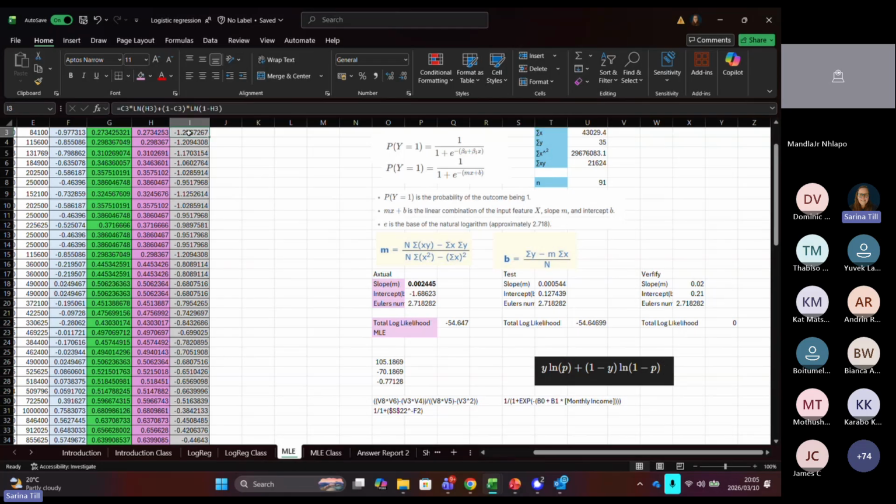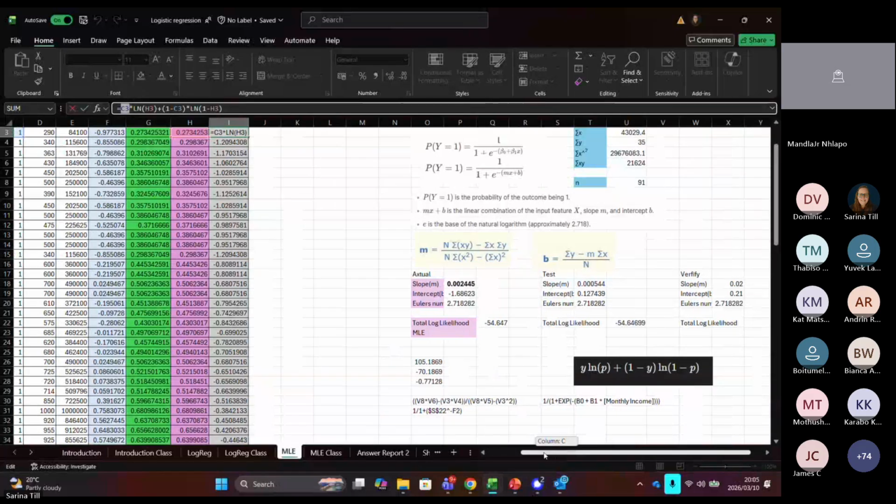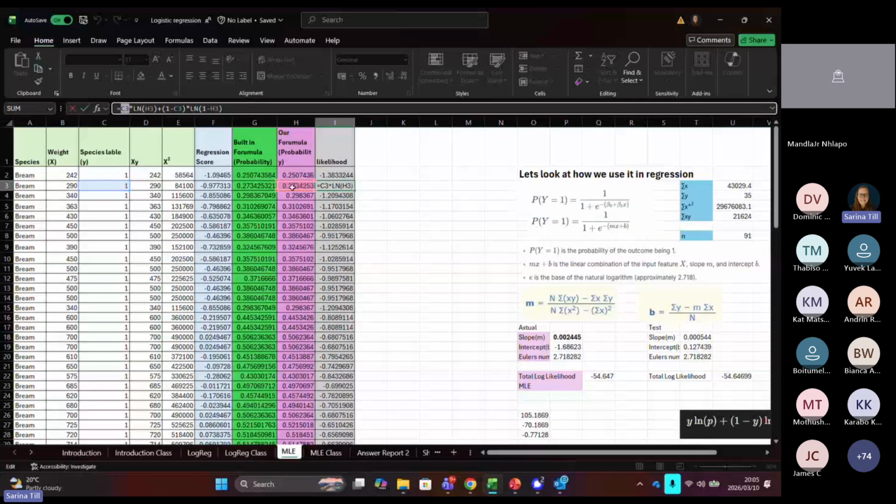Here, that is our y value, times the log of h3, which is using the output of that sigmoid, plus 1 minus y again, times the log of 1 minus this sigmoid. It gives us this output.